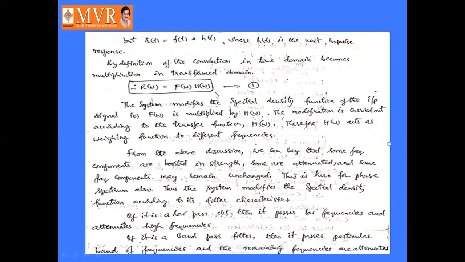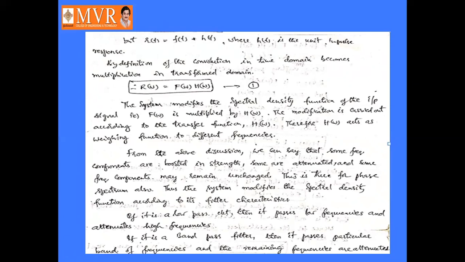The system modifies the spectral density function of the input signal, that is F of omega is multiplied by H of omega. So the modification is carried out according to the transfer function H of omega. Therefore, H of omega acts as a weighing function to different frequencies.